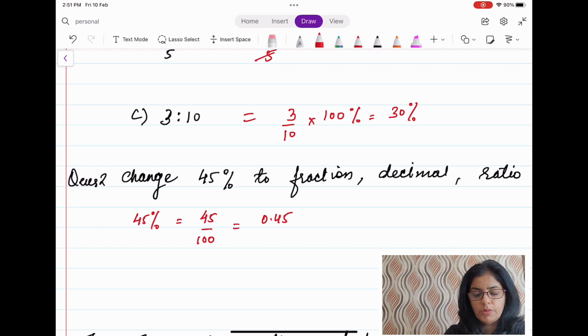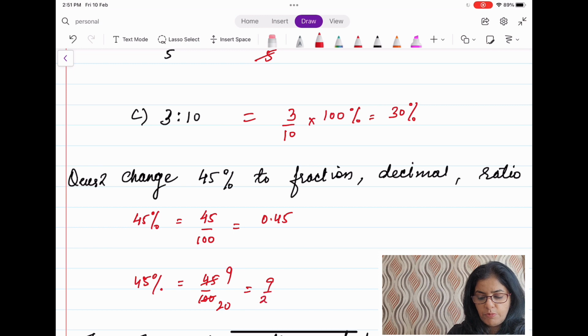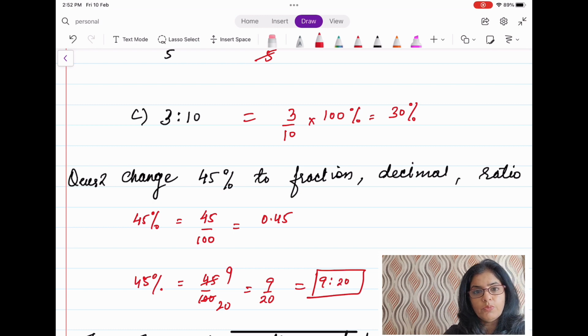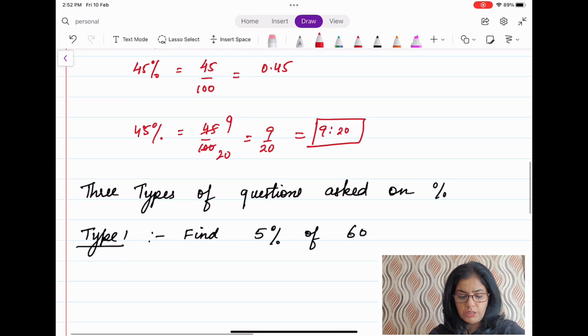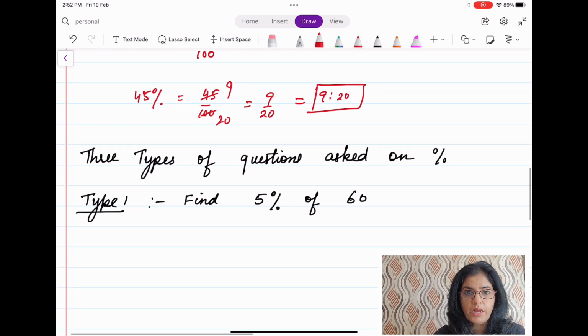This is a decimal number. And in case I have to change 45% to a ratio, 45 upon 100, cancelling by 5, I get 9 upon 20, which is equal to 9:20. So I have changed 45% to a ratio. You can see that from percent we can change to decimals, fractions and ratios. Now let's come to the other three types of questions that are asked.